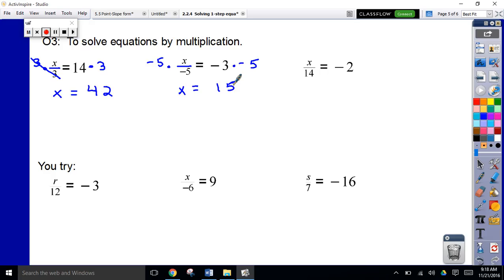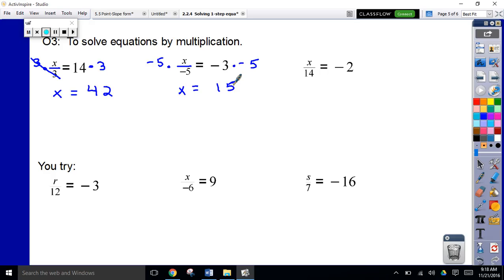Okay, and the next example. Kaylin, what am I going to do? You're going to have to put 14 up top by the x. And when I put it up there, what am I doing to it? With the 14? Am I adding, subtracting, multiplying, or dividing by 14? Divide. Yeah. Now, what's the opposite of division?